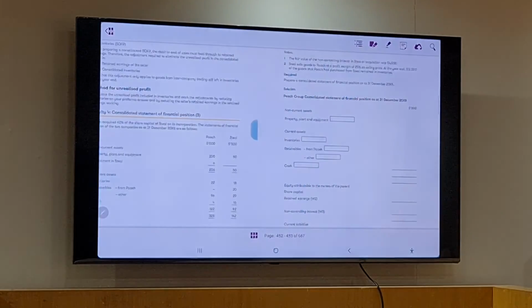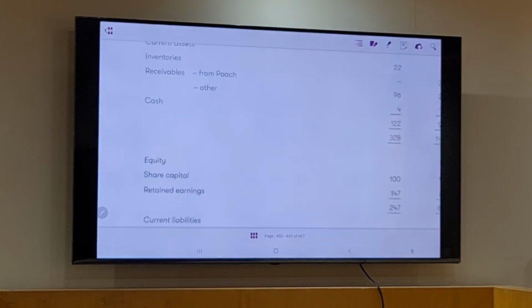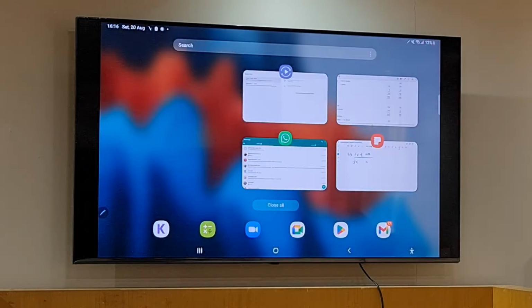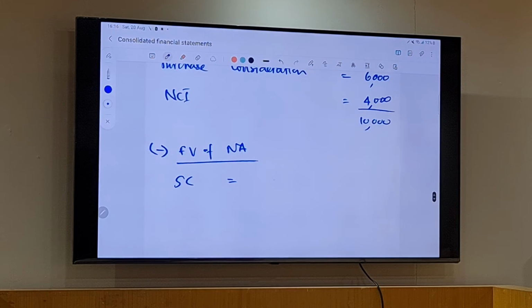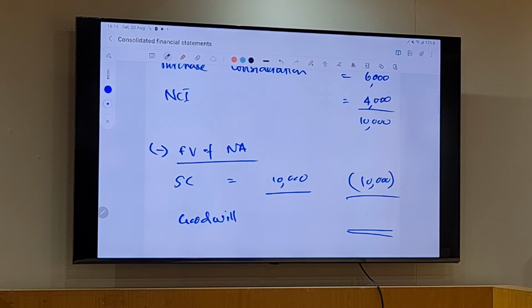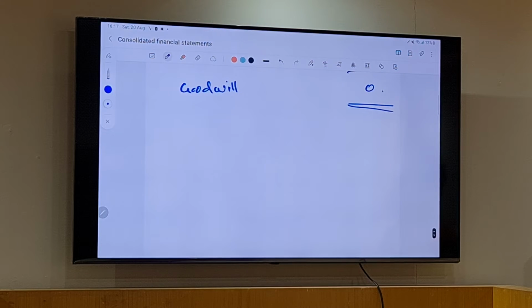Subsidiary share capital how much? 10. So goodwill is 0. Correct? Now, before we go to the consolidated retained earnings, we have to work out the unrealized profit.